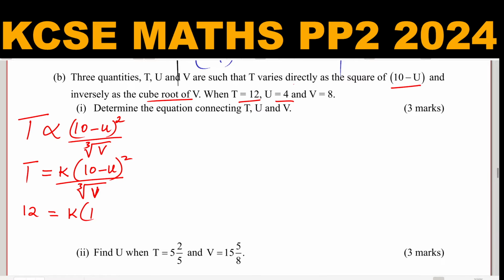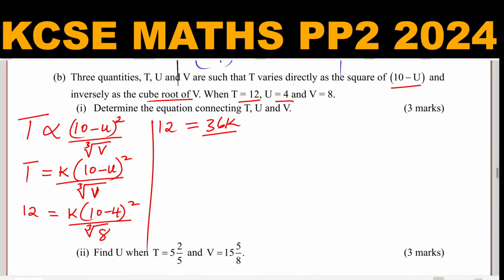So simply take 10 subtract 4, and then V is 8, so the cube root of 8, just substituting. This will simplify to 12 is equal to 10 subtract 4. Look at that, 10 subtract 4, that is 6. So 6 squared, that will be 36. So that will be 36 times K.